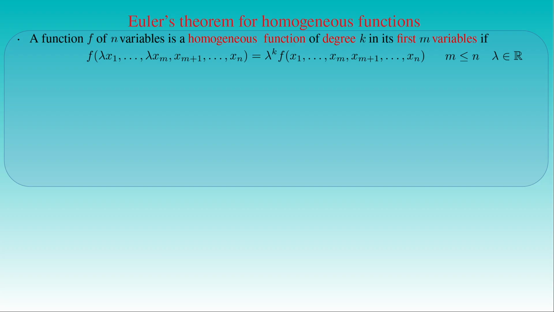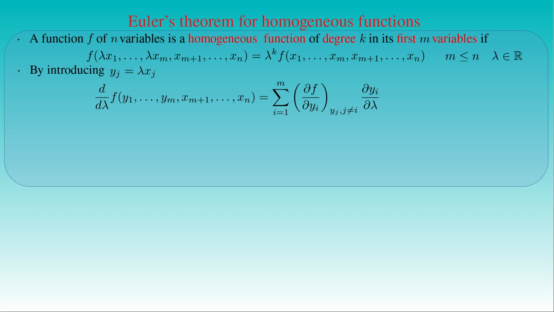First we compute the derivative of this equation with respect to the parameter lambda. By introducing the notation yi for lambda times xi, we can write the derivative of the left-hand side as the derivative of the function f evaluated at y1, ellipsis, ym, xm plus 1, ellipsis, xn with respect to lambda, and apply the chain rule for the function yi.